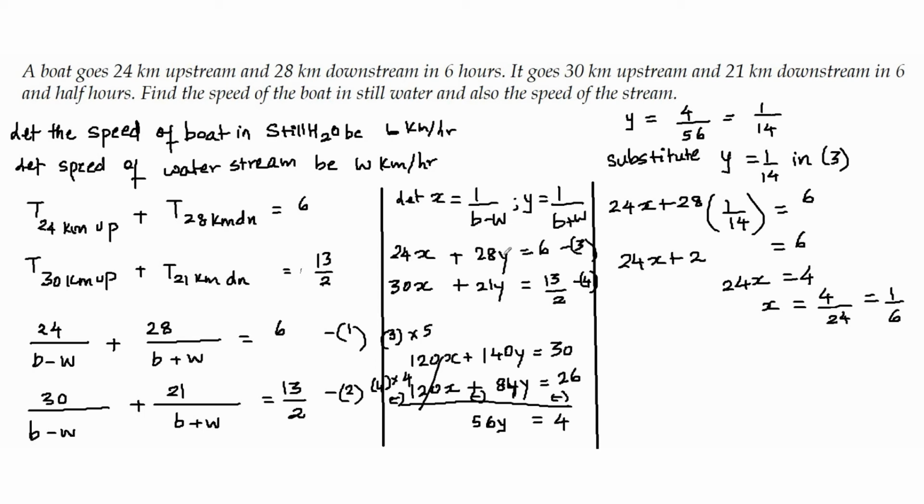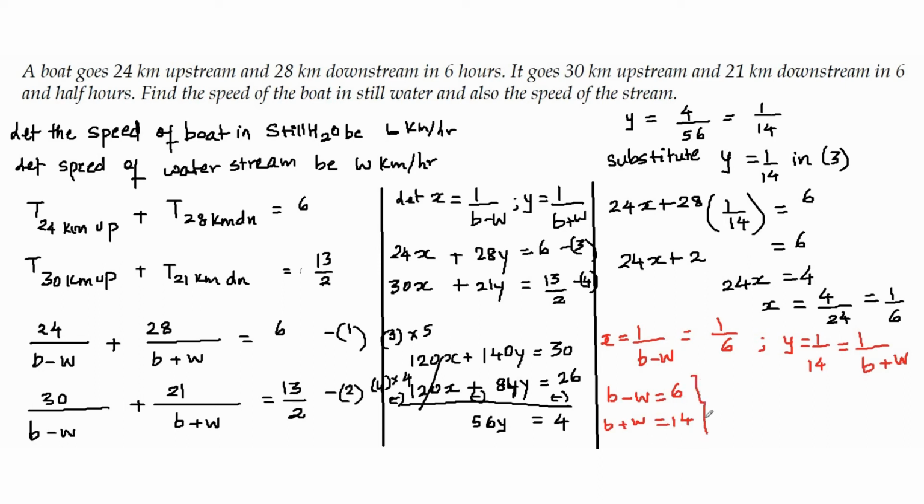Now it's time to go ahead and find the values of b and w. So x is 1 by b minus w, which equals 1 by 6, right? And therefore b minus w should be equal to 6. Similarly, y is equal to 1 by 14, but y is 1 by b plus w, and therefore b plus w should be equal to 14.